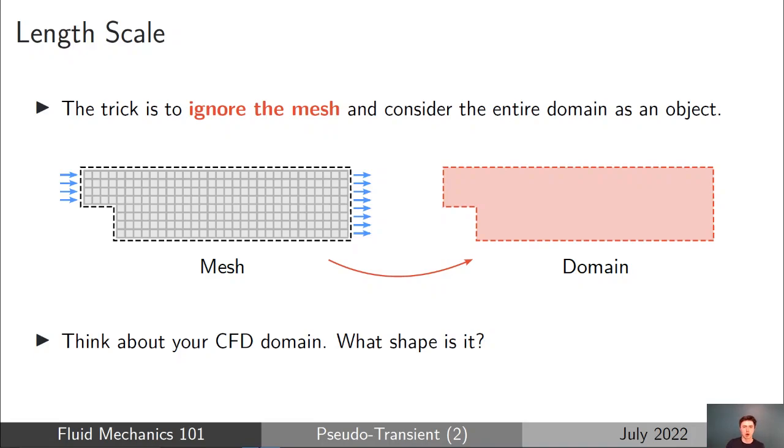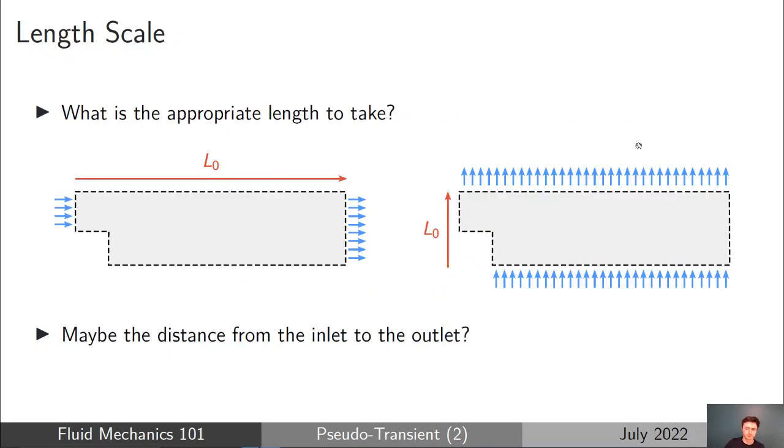If you think about your own CFD case where you've created a mesh which may look something like this, think about your domain and can you visualize it as a single object that's occupied by fluid? That's what we want to do here. We want to ignore the mesh and think of the entire domain as a single object. And then we're going to come up with a method of specifying a characteristic length that defines the shape of this object.